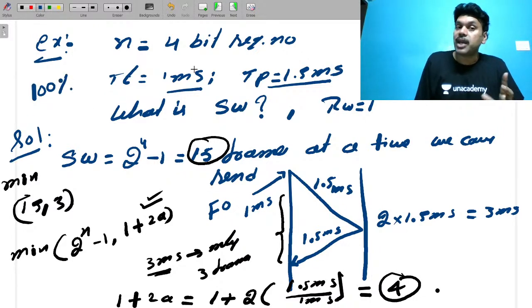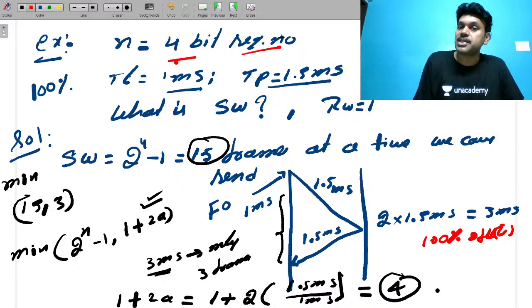Why? Because your n-bit value is greater than or equal to your 1 plus 2a. Observe that. Why did you get 100% utilization? Because your sender window size, observe carefully, with a 4-bit sequence number, is 2 power 4 versus 1 plus 2a.